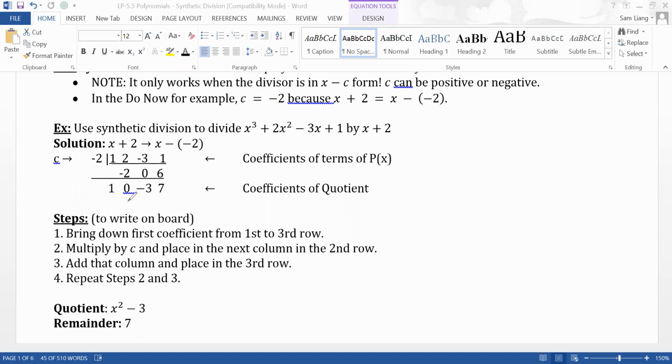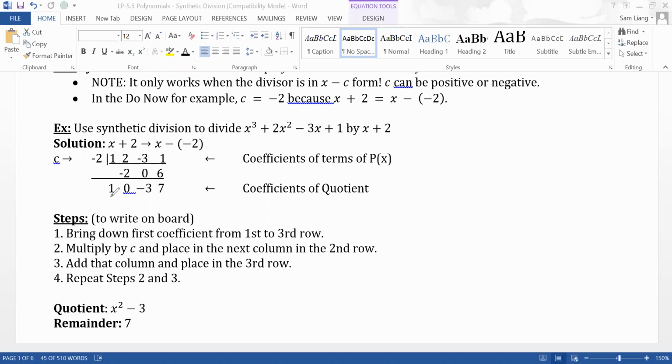Now, we know from the do now that the answer is going to be x squared minus 3 and 7. You can get that from here, but I'll go into more detail as to how you know that in the follow-up question that I'll display next. As you can see, they're the same coefficients.